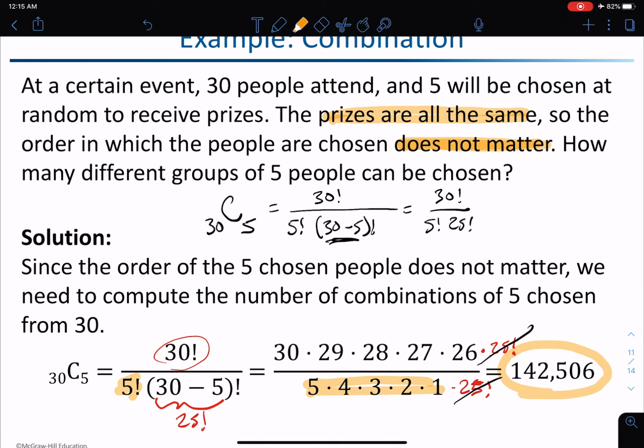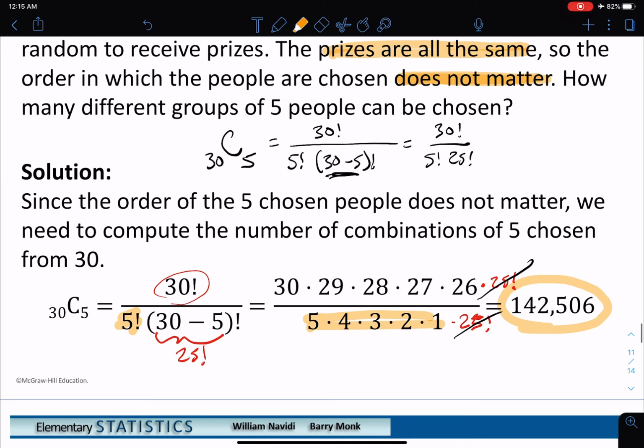So you're going to make 142,506 different groupings, and that's how they're combinations.